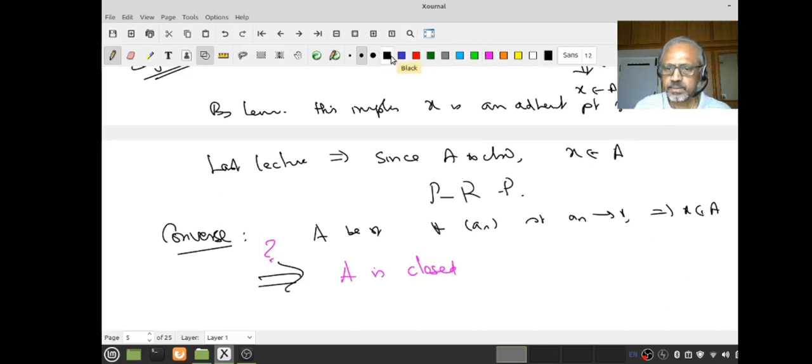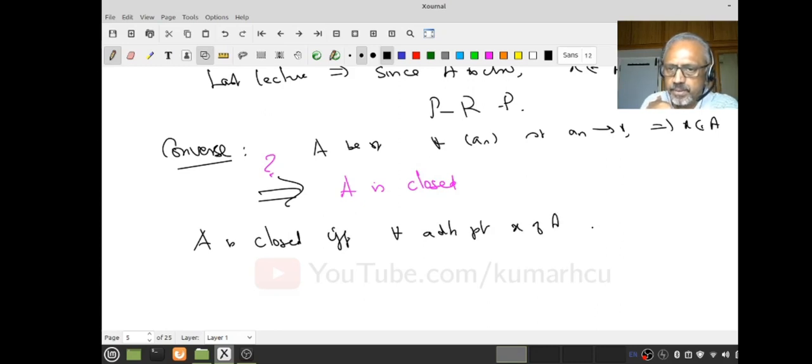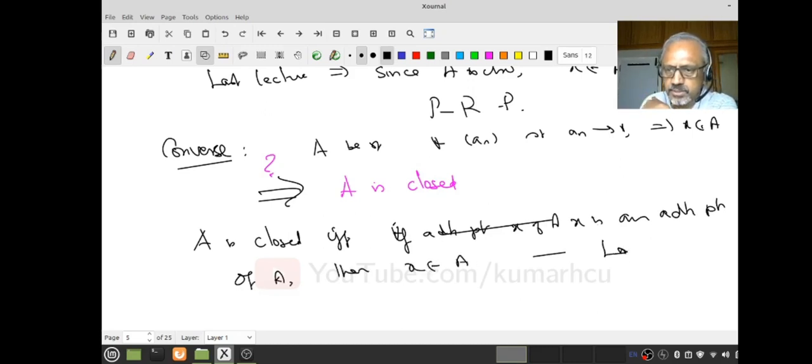That's very easy. To check A is closed, what should I do? A is closed if and only if every adherent point x of A belongs to A. This is from the last lecture.